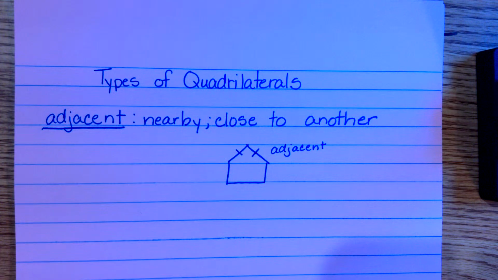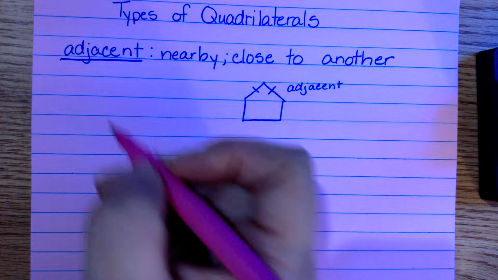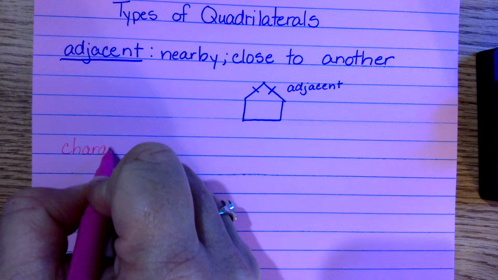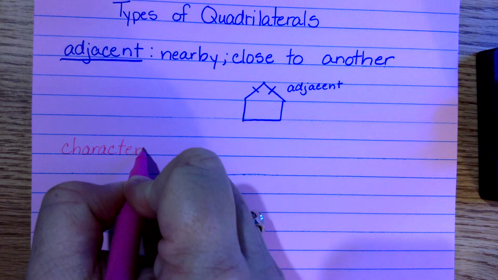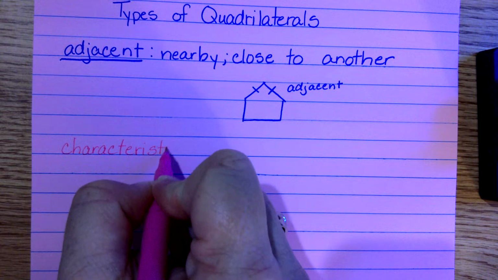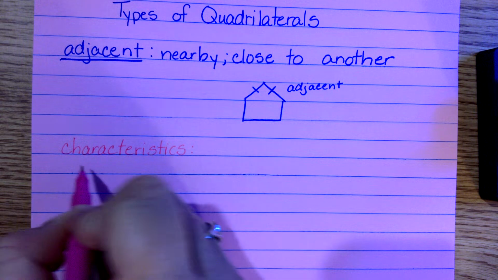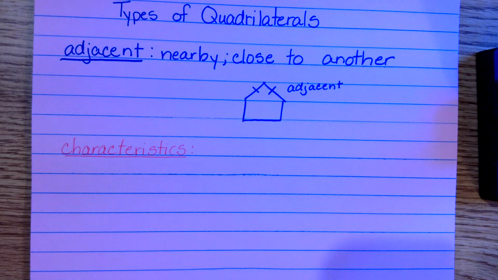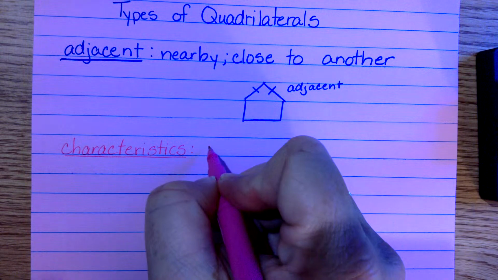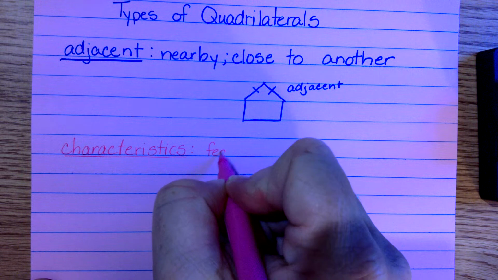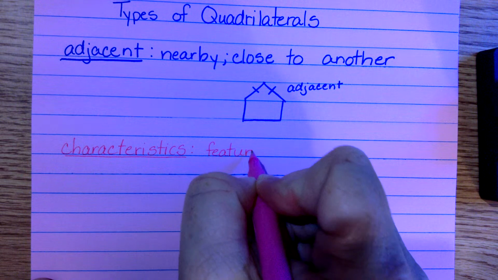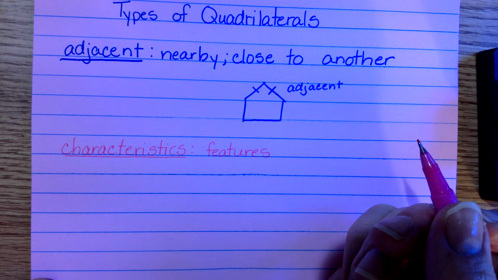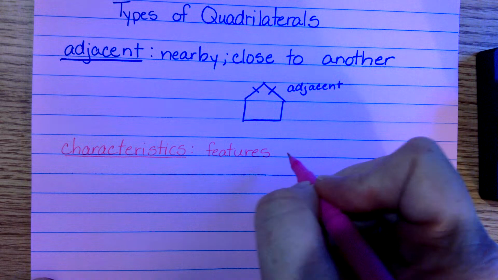All right. Another word that you need to know for this lesson is characteristics. Characteristics are the features of an item, specifically a figure, that sets something apart.